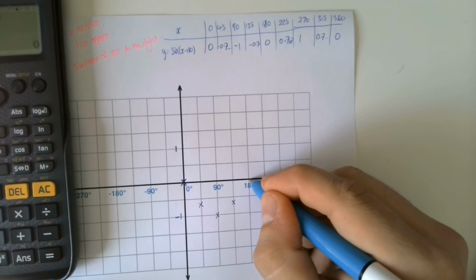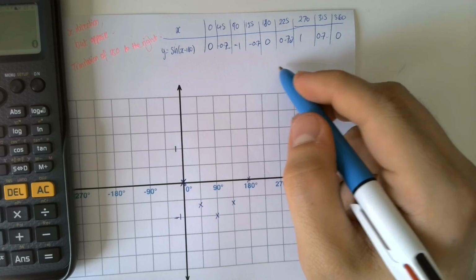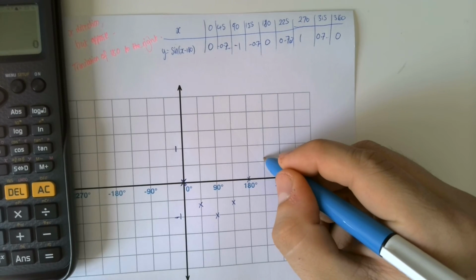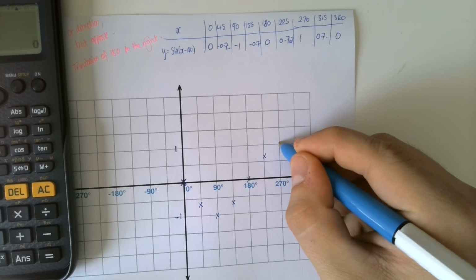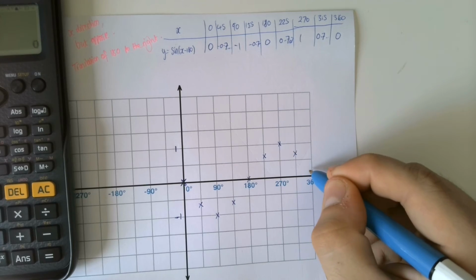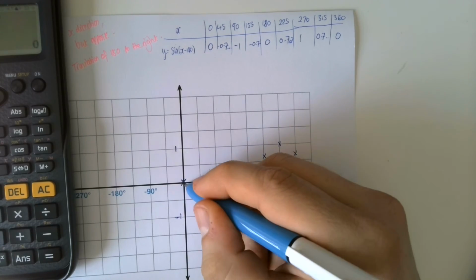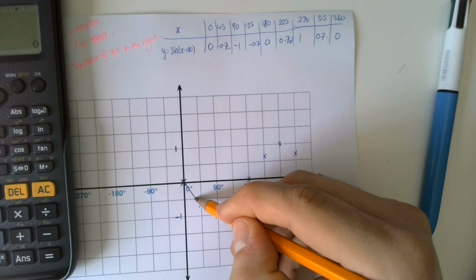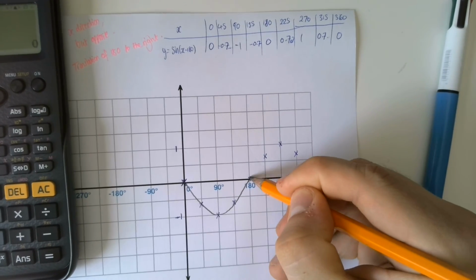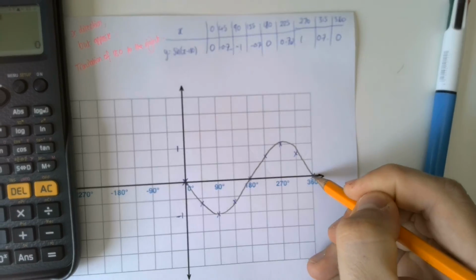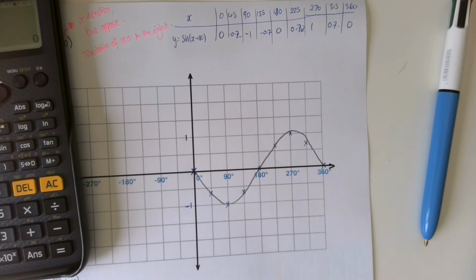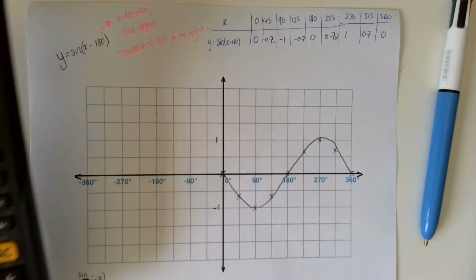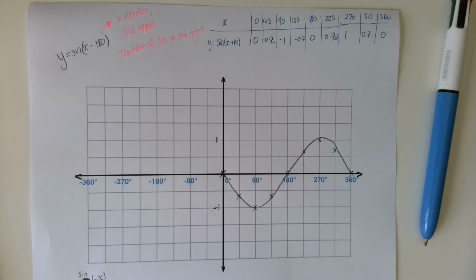Just plotting these on using my table of values up here. And again, I'm going to get a smooth curve. Okay, and that gives me the graph of sine x minus 180 degrees.